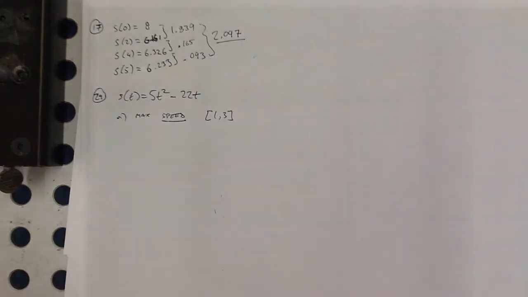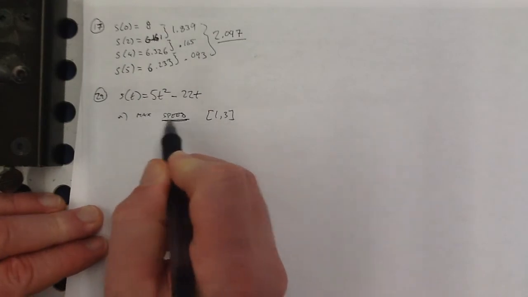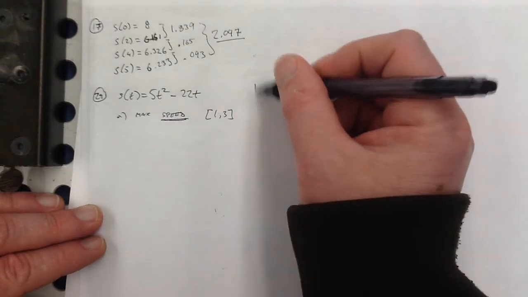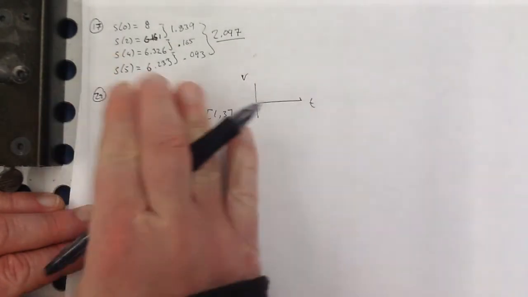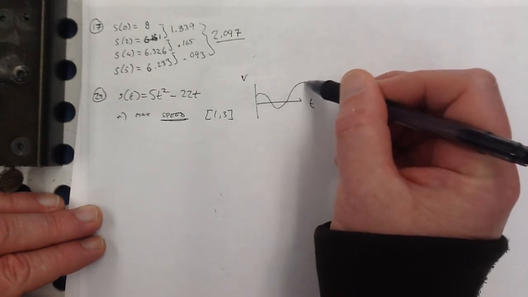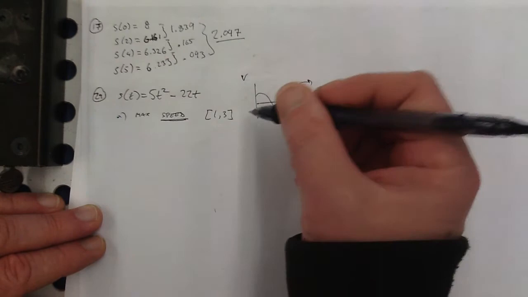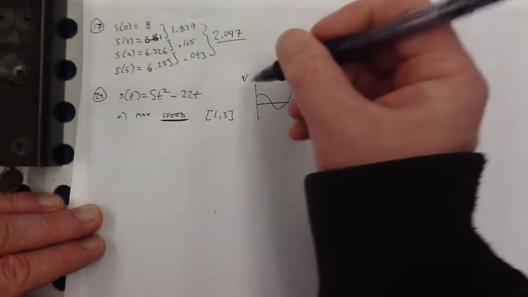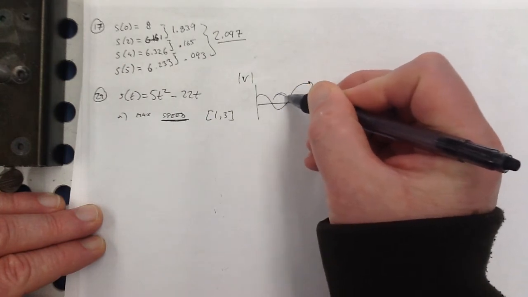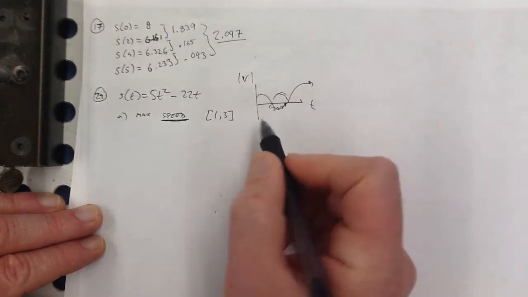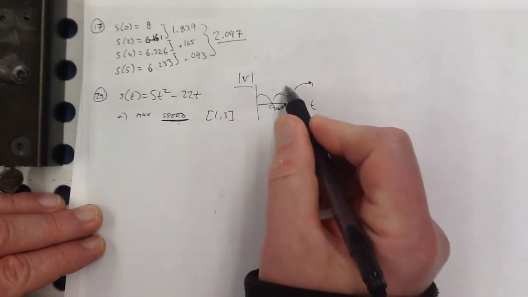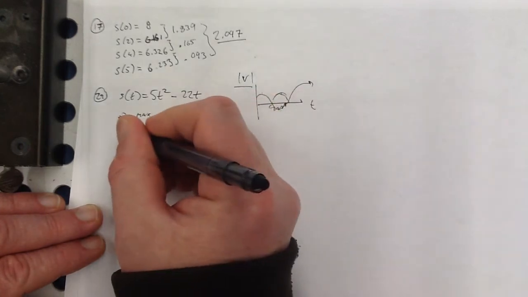Okay, now you got to be careful here with maximum speed, because speed is the absolute value of velocity. So if you imagine a velocity function that's doing whatever, the absolute value, the speed, would be this, except every single thing that was negative would get flipped up into the positives, which means the maximums of the speed could be the maximums or the minimums of the velocity.